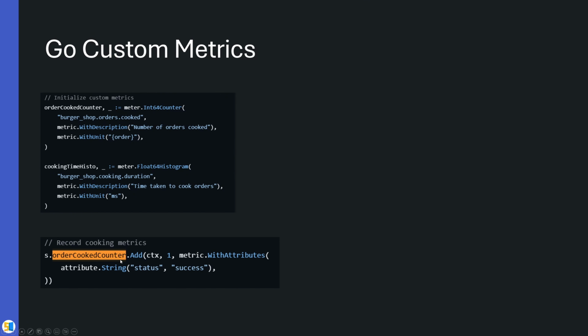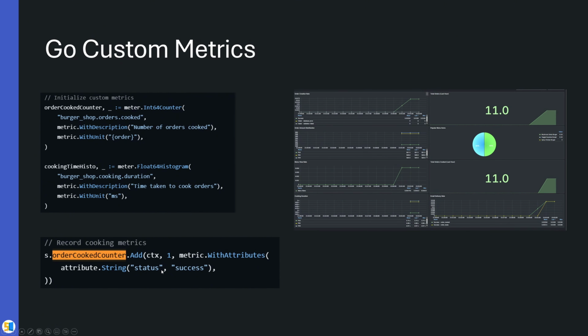To use it, you just need to call the method add for counter by 1 for this sample. And then you can also set the label, right? The attributes, in this case status, to success. And then you can export it to Grafana in this case.